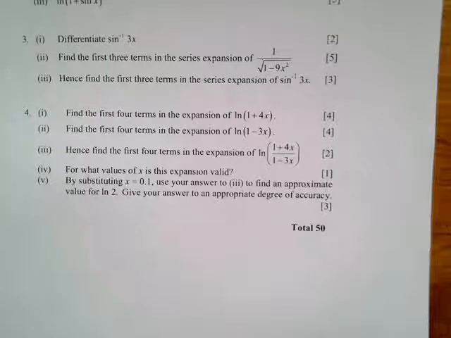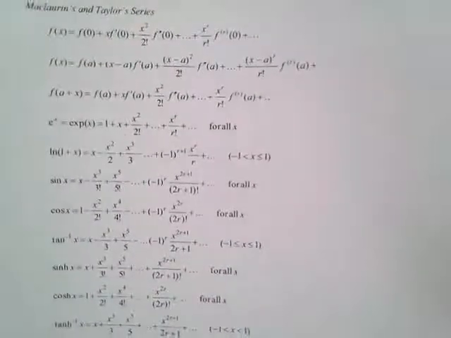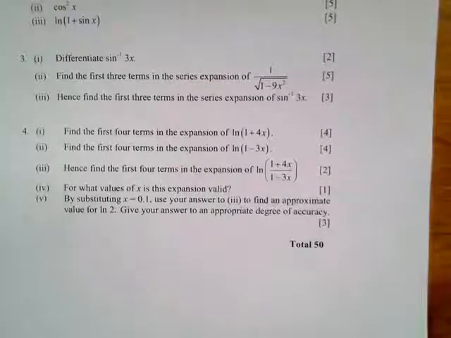Oh, that's a bit of an oversight. It's in the formula book, but it's not on this page here. It must be on a different page. So you're looking at the binomial expansion, and the binomial expansion will give you the expansion of 1 plus x to the power of n, where n is a rational number.